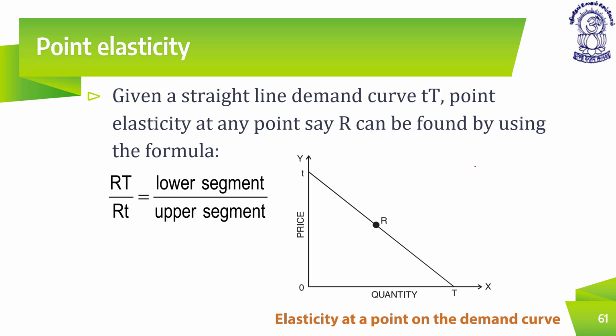Let's see this. The formula to calculate point elasticity is lower segment upon upper segment. Over here the lower segment is from R to T. So lower segment is RT and upper segment is TR, small t and R. So the point elasticity at point R will be calculated like this, RT upon TR.